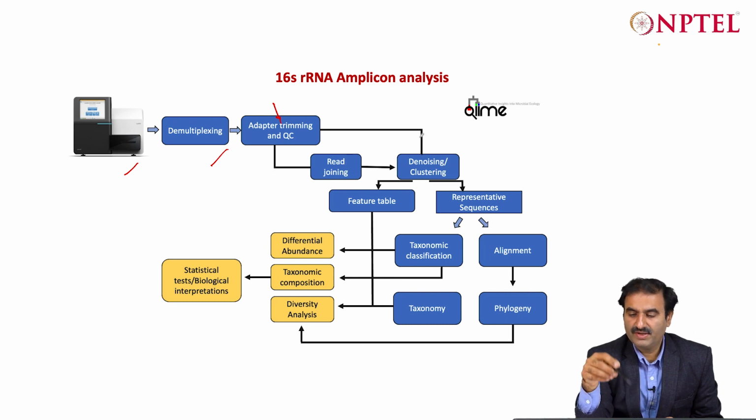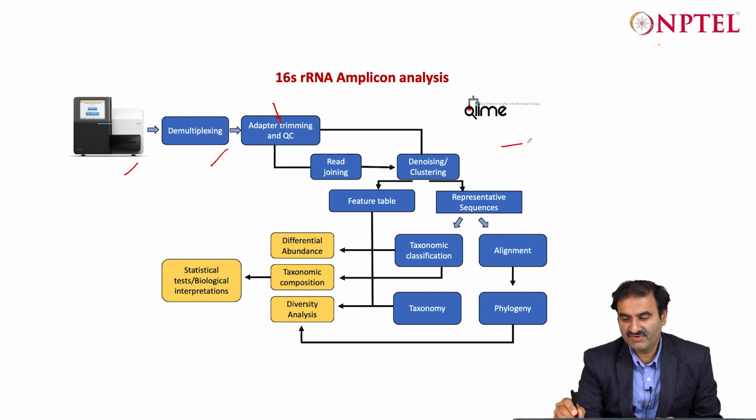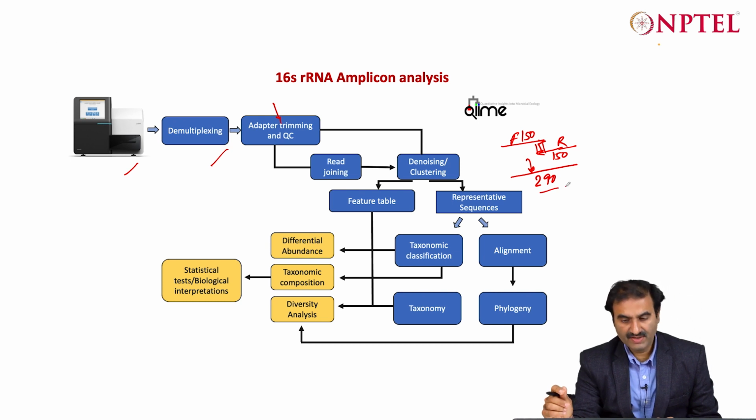Then if the insert size was smaller and forward and reverse reads have some overlap, you can merge these into a single read. This could be 150 base pair, this could be 150 base pair, with an overlap of 10 base pair due to the insert size, and you may get something like a 290 base pair longer read.